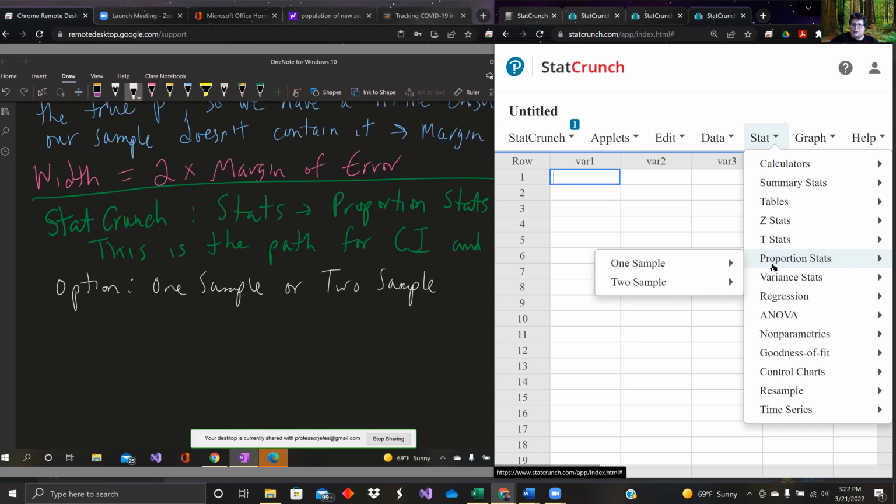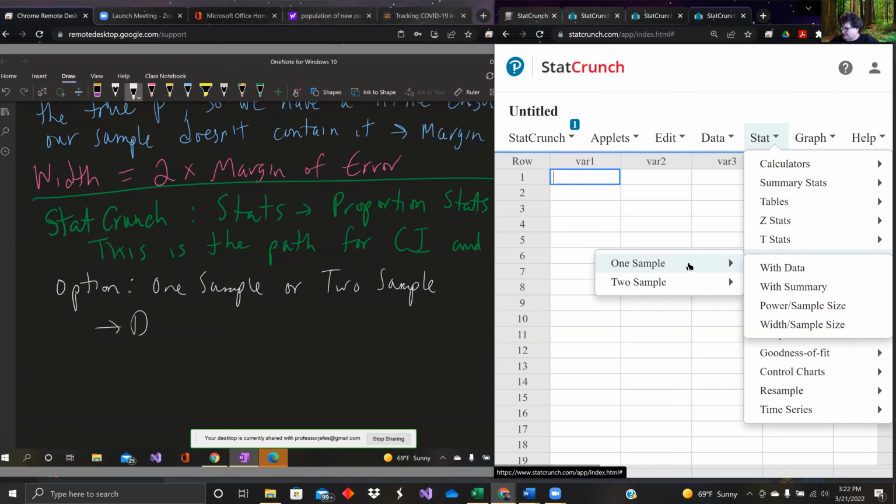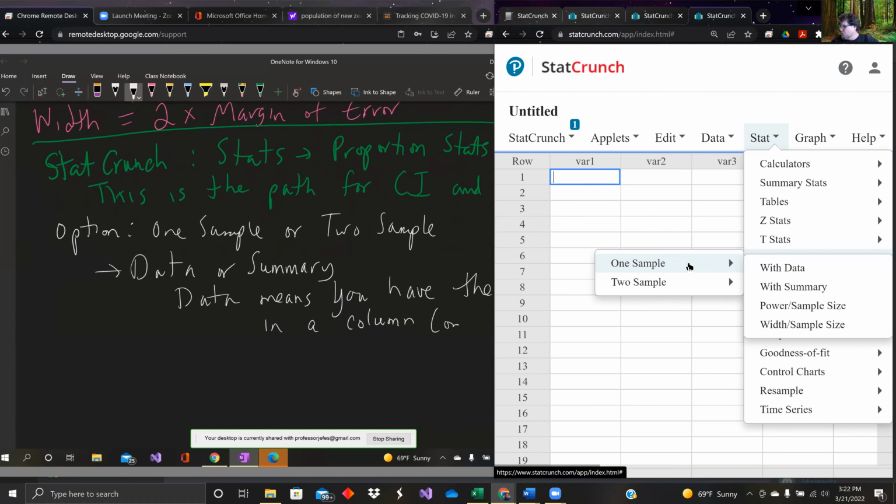Then no matter which one we look at, you'll notice we have with data or with summary, and then power sample size. So the next decision is data or summary. Data means you have the results in a column, or two columns for two samples.